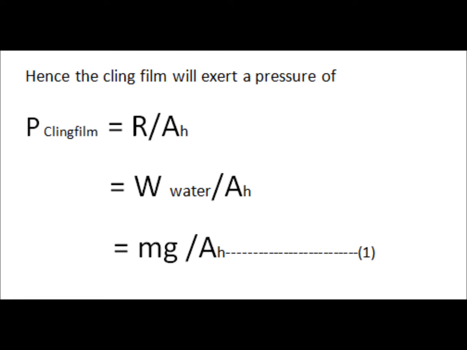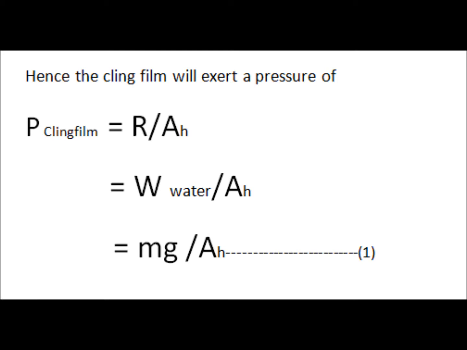From the previous equation, we know that R equals the weight of the water. And the weight of the water will be the mass of the water times the gravitational acceleration, whereby R equals mg.